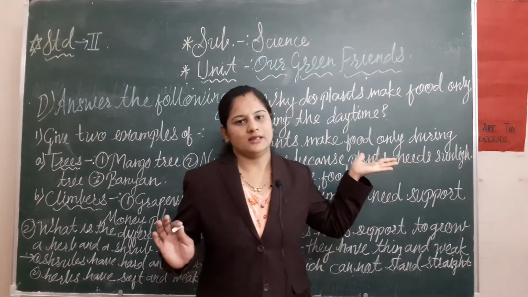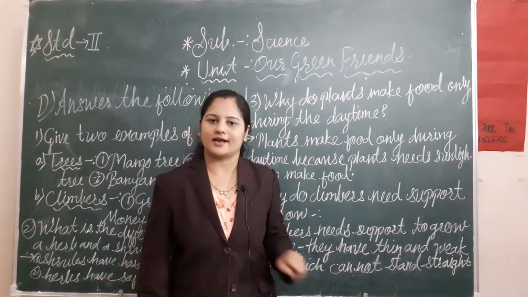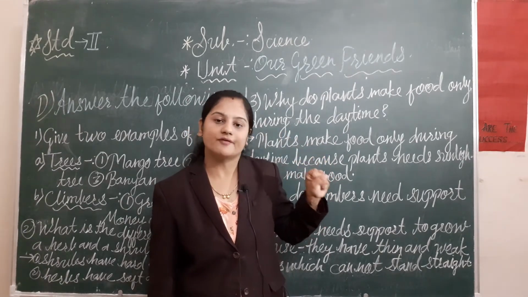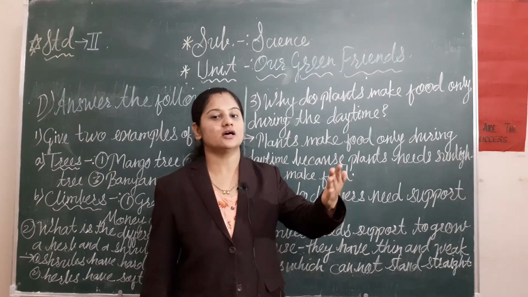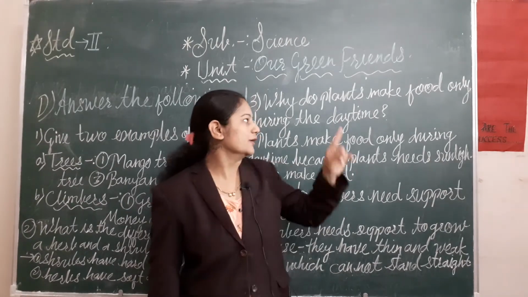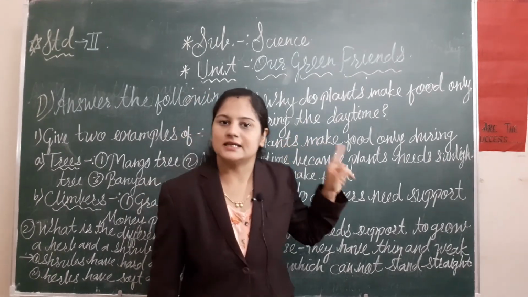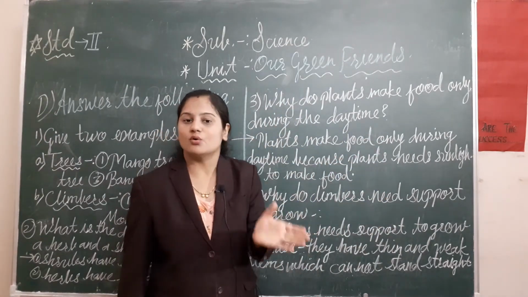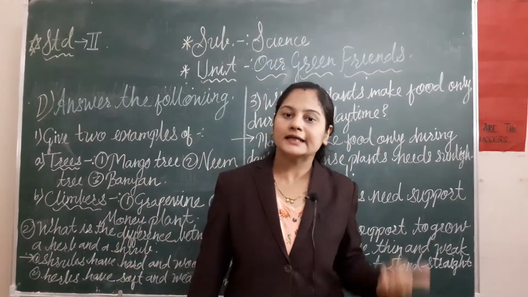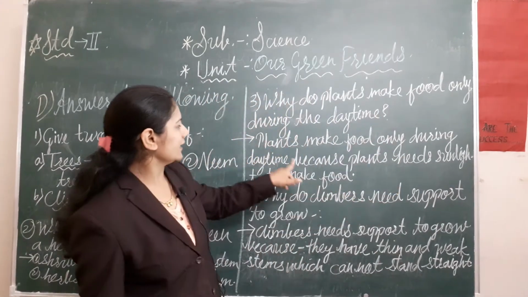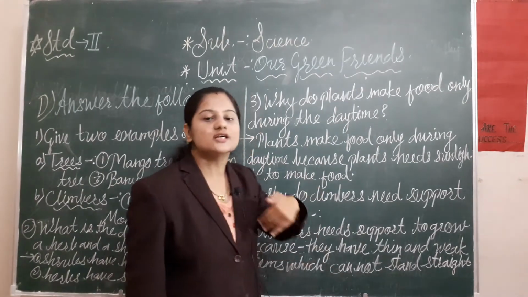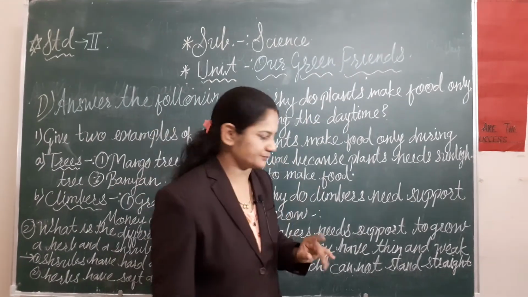Have you observed the sun in the sky at night? No students, we have sunlight only during the daytime, and plants need sunlight to make their food. That's why plants make food only during the daytime, because they need the sunlight.